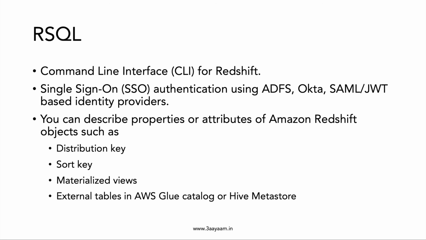In our case, whenever we create external tables, we'll be using Glue only because we want to talk about AWS services as much as possible. So you can use RSQL to get these types of information also. And apart from that, you can also look at something called Redshift data sharing, which is only available in RA3 nodes. Again, we'll talk about it in future, but you can actually see the properties of these features using RSQL.